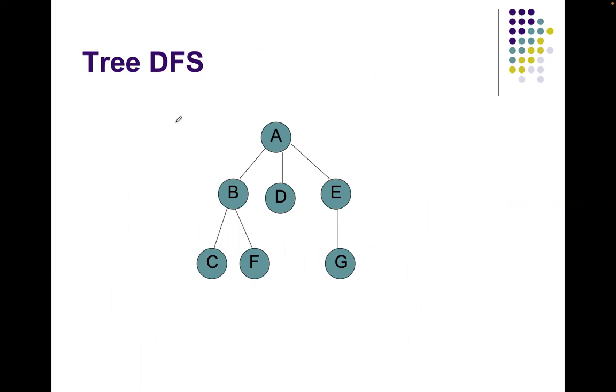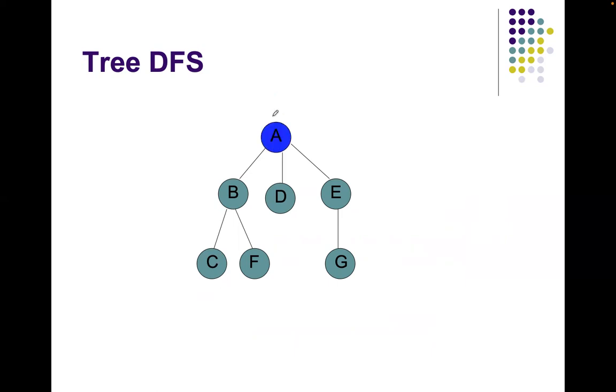Let's see how this is going to work. In a tree, all the traversal algorithms work from the root. In the depth first traversal, we start from the root and explore the immediate neighbor, and from that neighbor we explore another neighbor. That's why we go as deep as possible, and we stop when we cannot go any deeper.